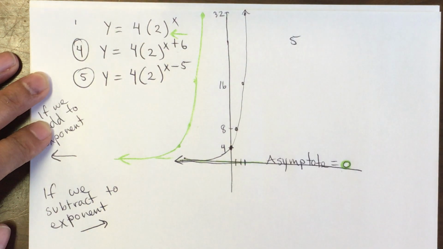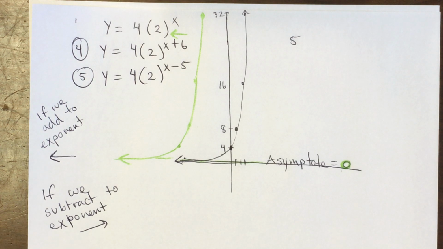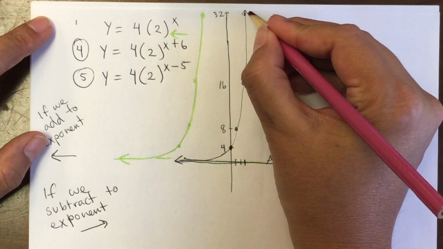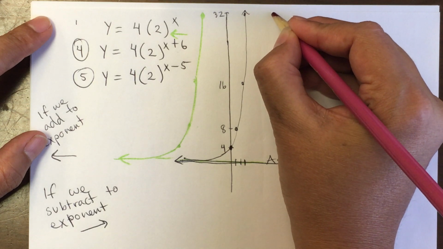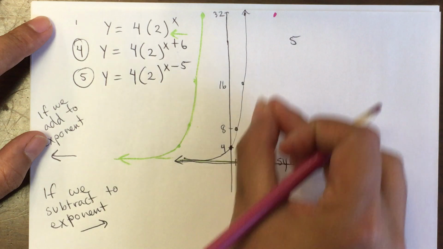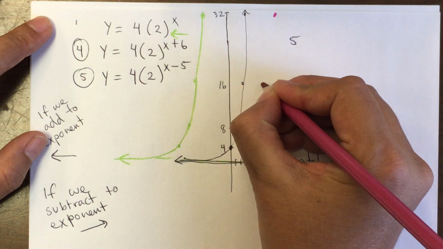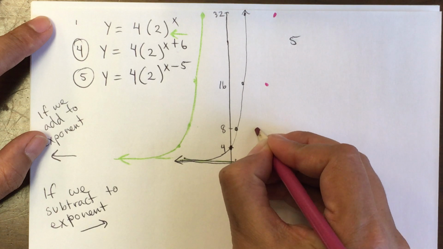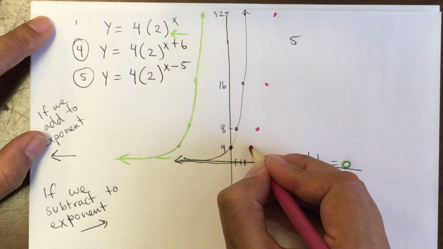Let's do minus 5. And so this point is going to move 5 spaces to the right. I'm just going to sketch it. It's not going to be perfect. Another 5 in here, another 5 in here.